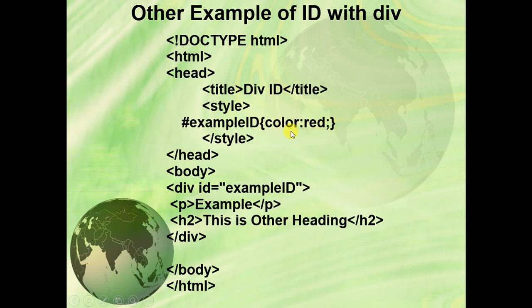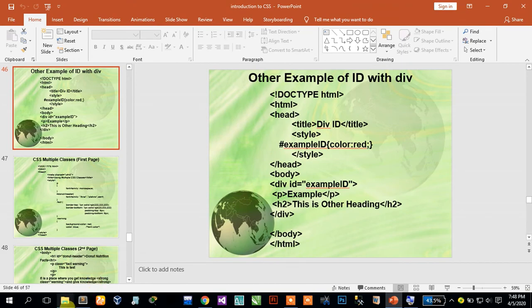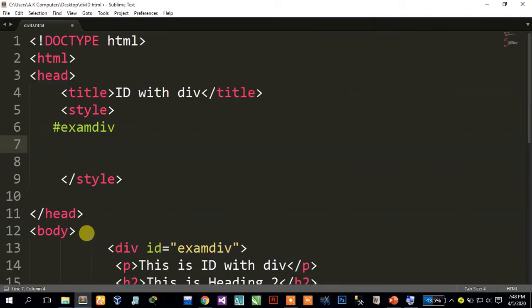Okay, inside the declaration block, color is red. Okay, and semicolon after it. Okay, how to do this? Like here.